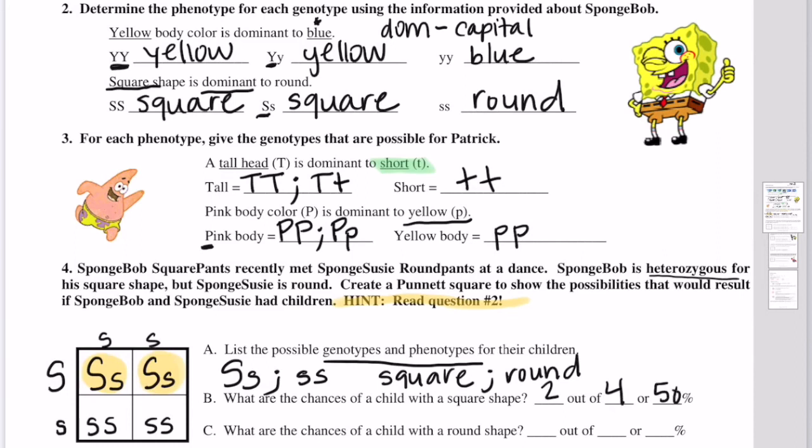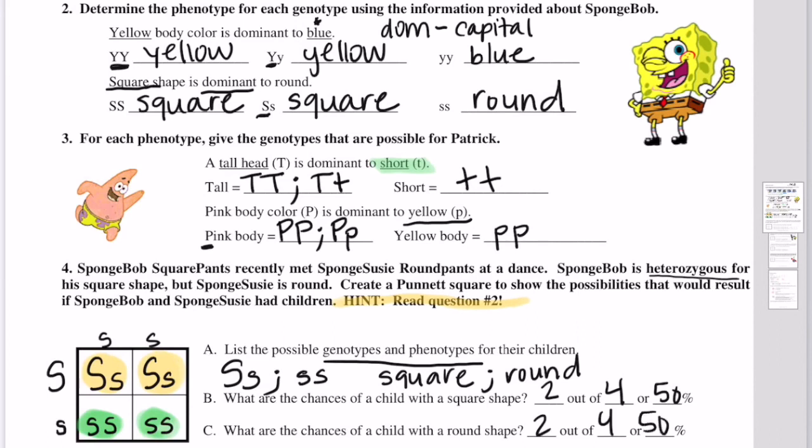What are the chances of a child with a round shape? So that is going to be anything that has only lowercase letters. And that would be your lowercase s, lowercase s. So we're going to report that now. So this would be 2 out of 4, or 50%.